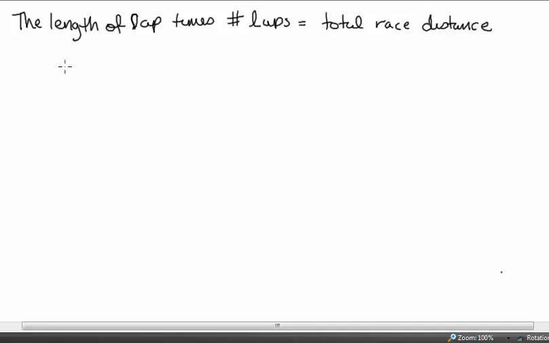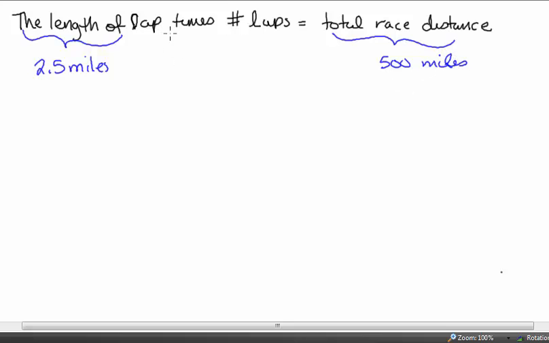We know the length of the lap is 2.5 miles, and we know the total race distance is 500 miles. What we don't know is the number of laps. And so we need to assign that a variable, and in the book they used L. Just be sure if you do use L, don't write it like a straight line because that looks like a 1.